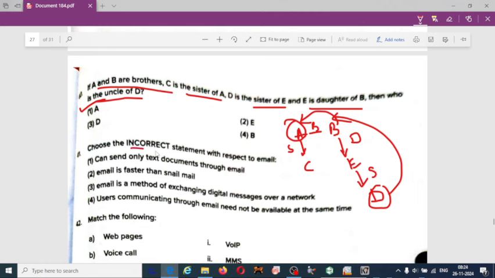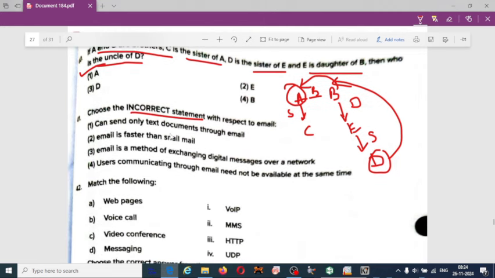Choose the incorrect statement with respect to email. Can send only text documents through email. Email is faster than snail mail. Email is a method of exchanging digital messages over a network. Users communicating through email need not be available at the same time.